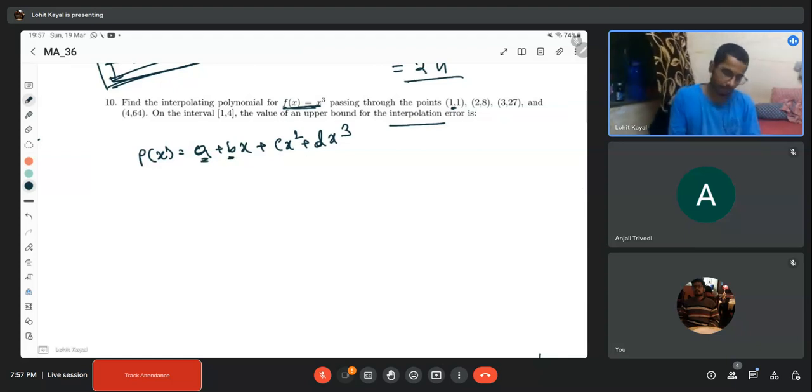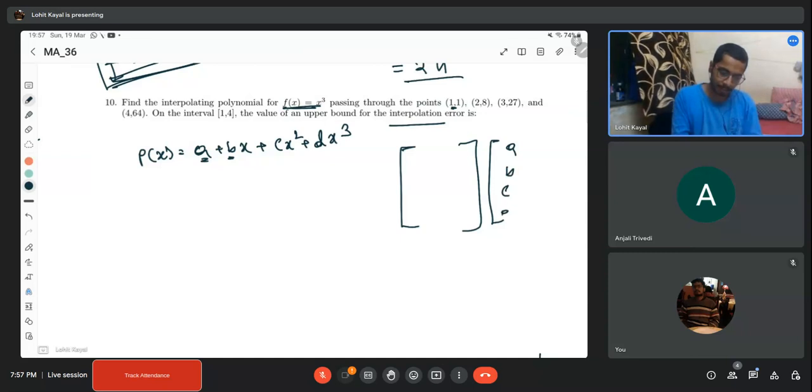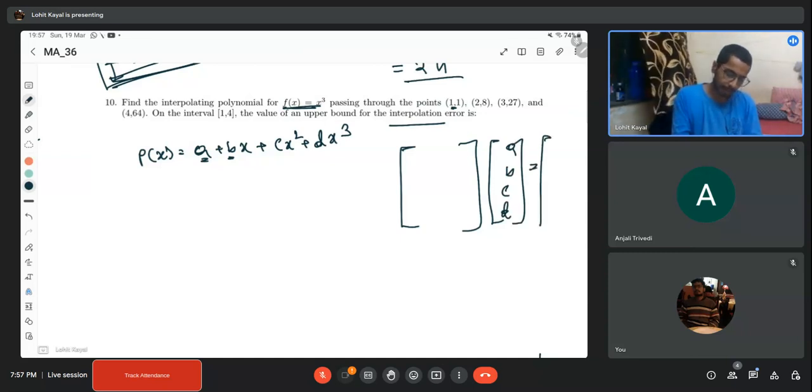We will do some problems related to this later in the session. For this, if you put the values and calculate, you will find a 4 cross 4 matrix with A, B, C, and D. On the right hand side, it will be 1, 8, 27, and 64.